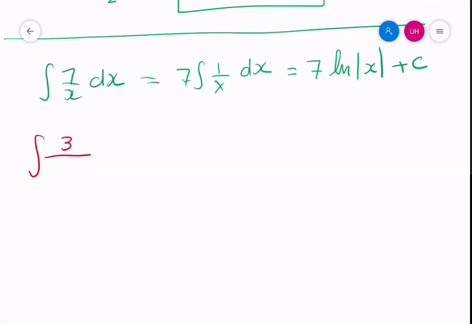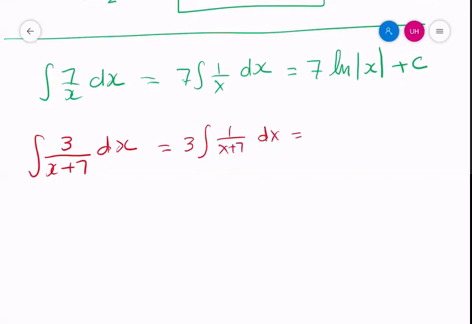The integral of 3 over x plus 7 dx. Again, to make it easier, because it is in terms of 1 over x, we can take the 3 outside. So it's 3 times the integral of 1 over x plus 7 dx.